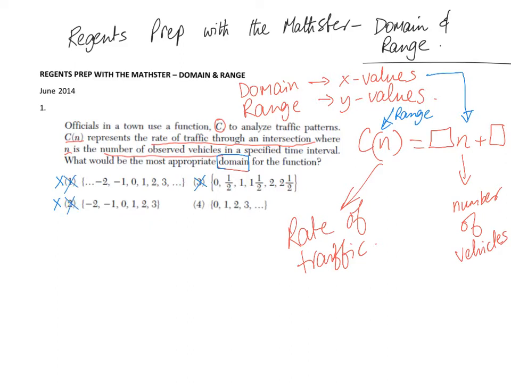What's the only choice we can use? Answer 4. So you could have 0 cars, 1 car, 2 cars, 3 cars, and so on that are passing the intersection. Hence, answer choice 4. So answer these questions using logic. If you see something that doesn't apply, you wouldn't put that in.